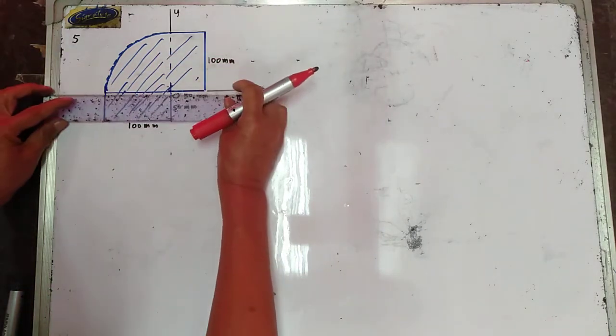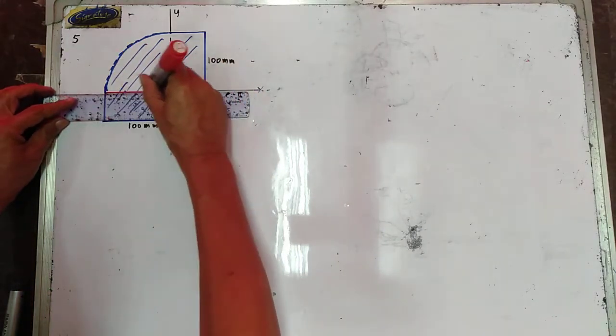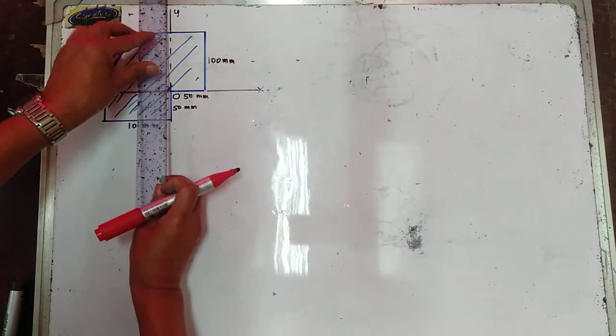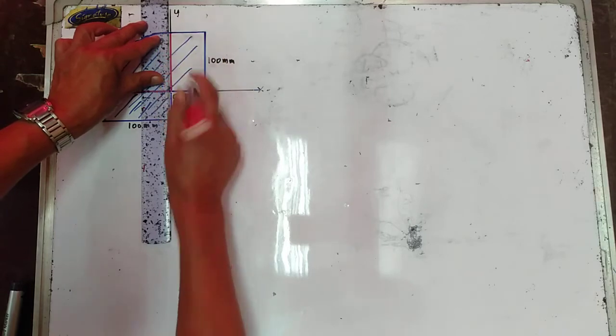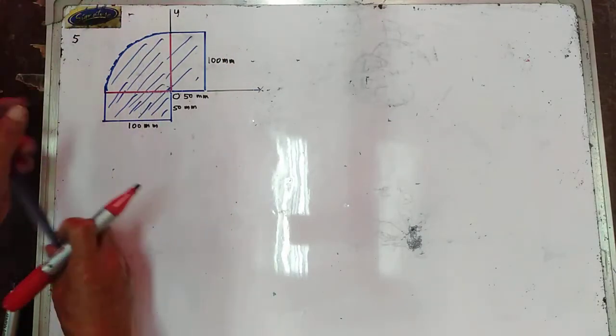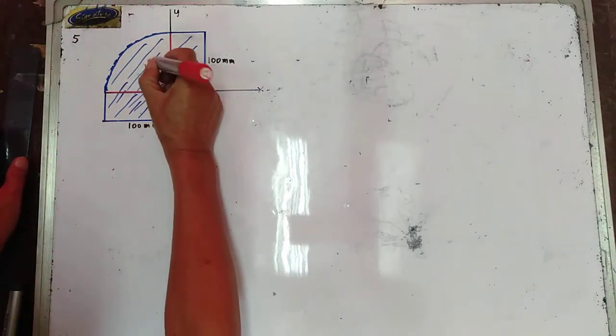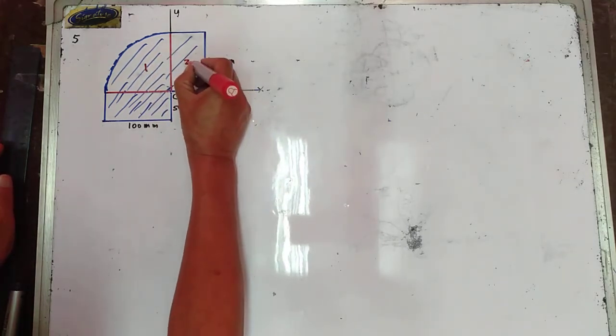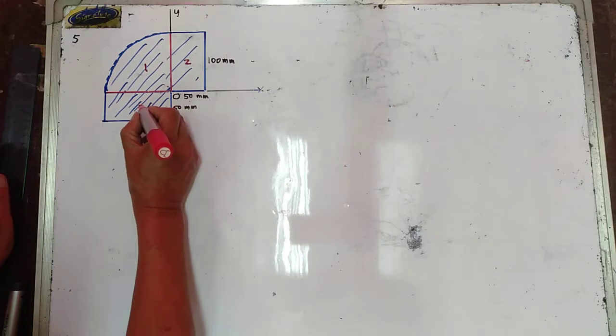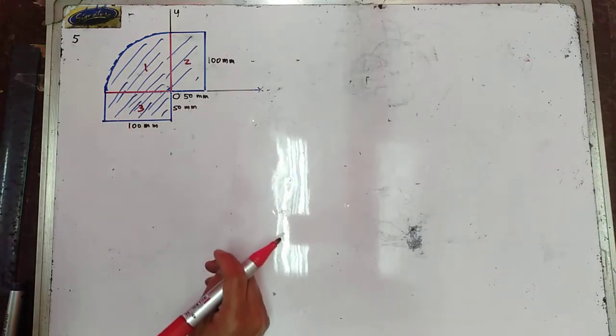So we have your quarter of a circle is now the first area. So this is the first area, and then we have the second area, and this is now the third area.